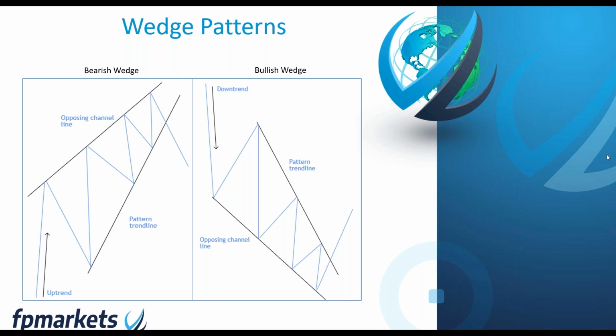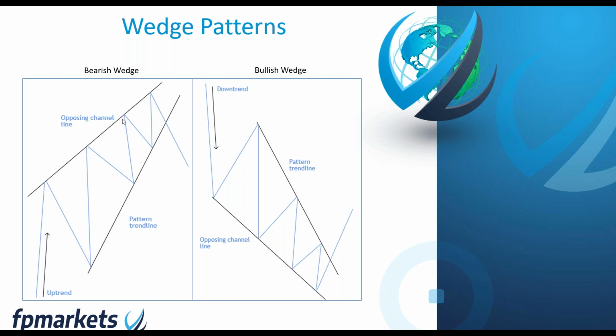So for example, here we have a rising wedge formed within an uptrend, and buyers are clearly beginning to lose steam. This allows traders to apply the opposing channel line above the rising trend line, right? Because as buyers begin to lose steam, fewer higher highs are formed, and so the opposing channel line can be applied.